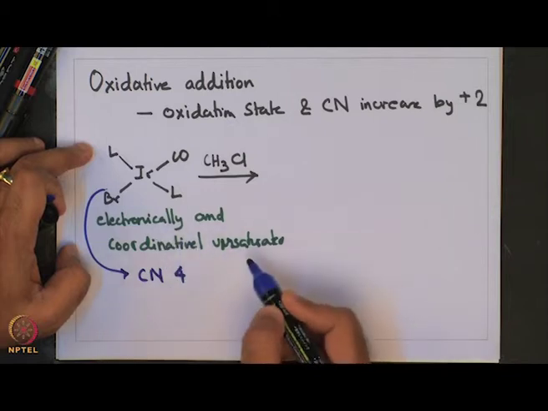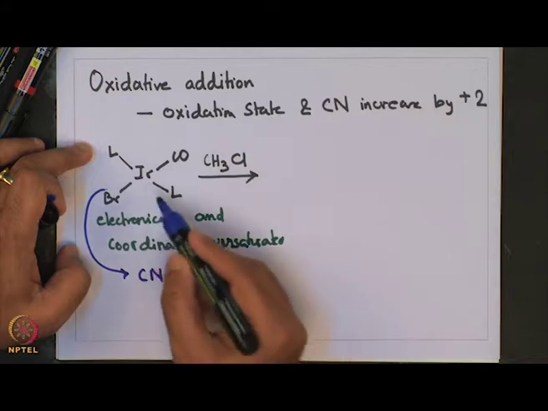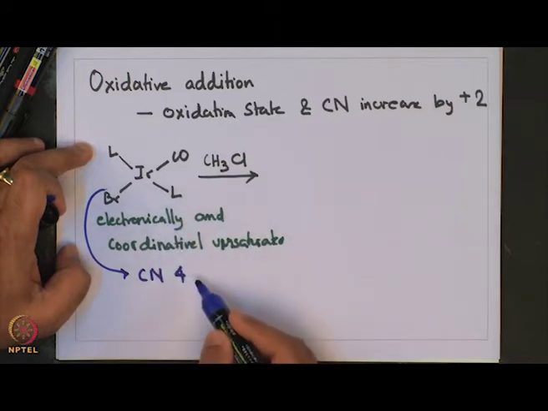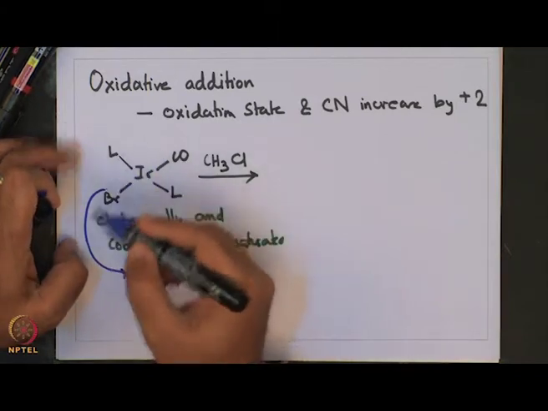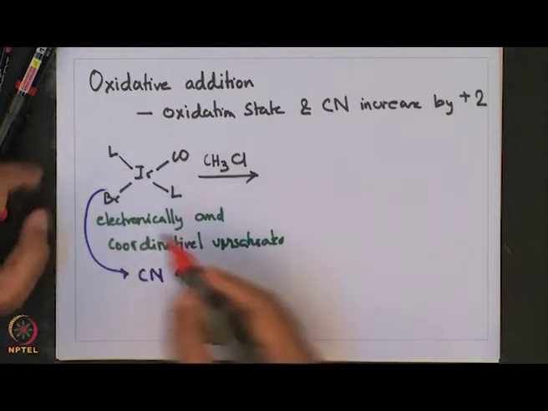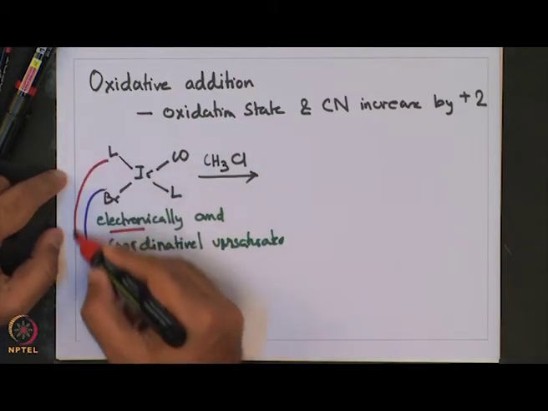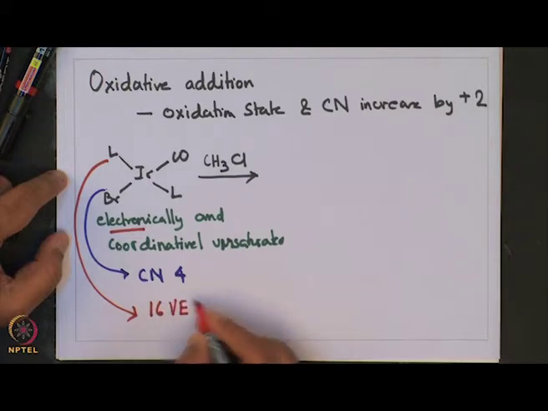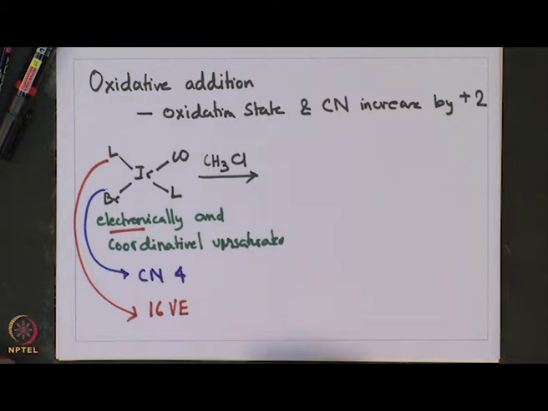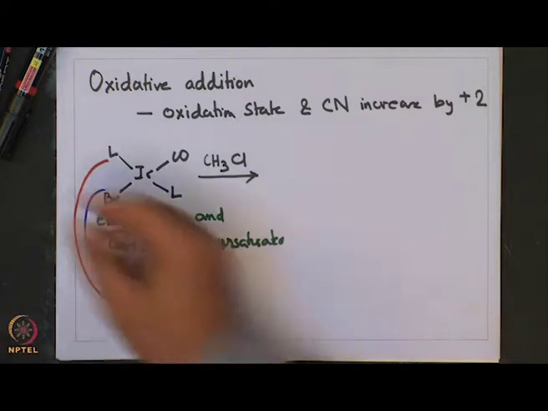As far as coordinative unsaturation is concerned, this square planar complex is coordinatively unsaturated. As far as electronic saturation is concerned, this complex is electronically unsaturated too, as it has 16 valence electrons.